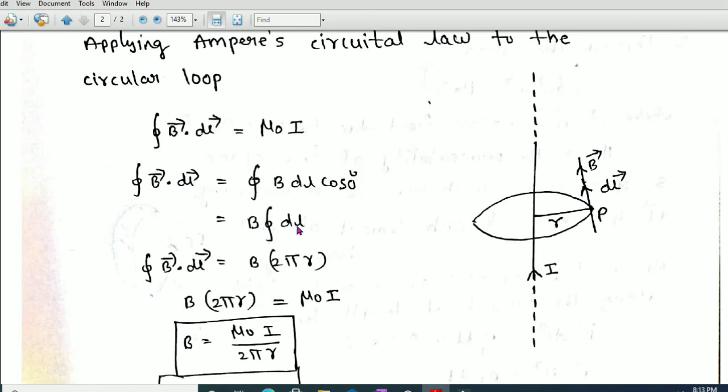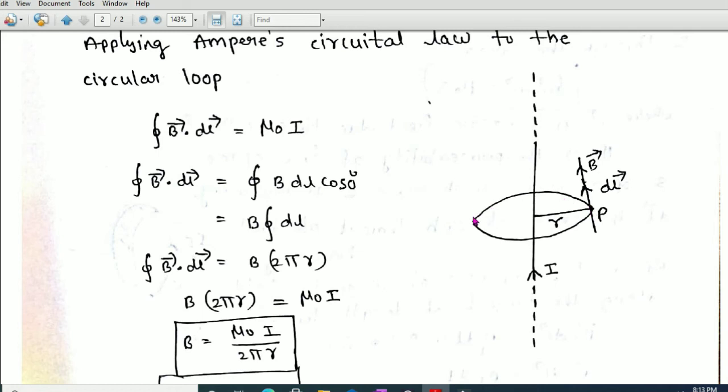So now the integral is B times the integral of dl, which means the total dl. Now dl is the length element of this curve, so the integral of dl means the total length of this curve, that is the circumference.